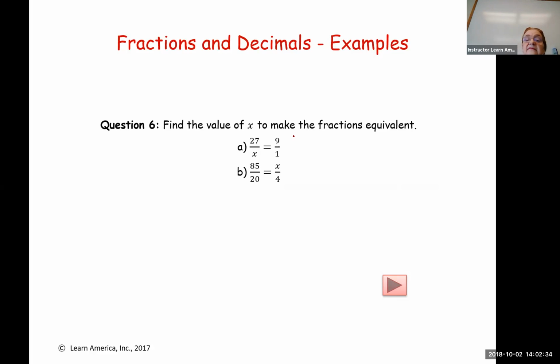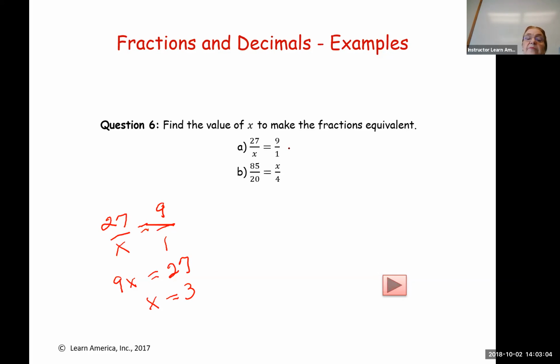In this case it's probably pretty obvious to you, but in the cases where it's not obvious, what you can do is treat the proportion by cross multiplication. So we have 9 times x is equal to 27, dividing both sides by 9, x is equal to 3. So the value 3 would give you 27 over 3, which is equivalent to 9 over 1.